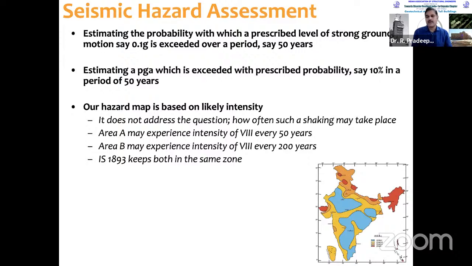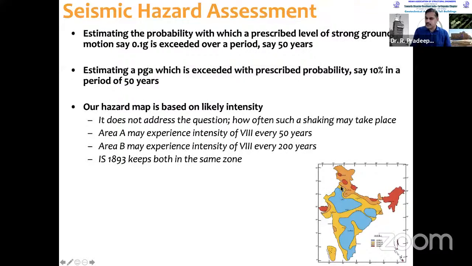Now if you look at our hazard map, it does not address the question of how often shaking of a given intensity takes place. Area A may experience, say, intensity 8 in 50 years, and area B in 200 years.